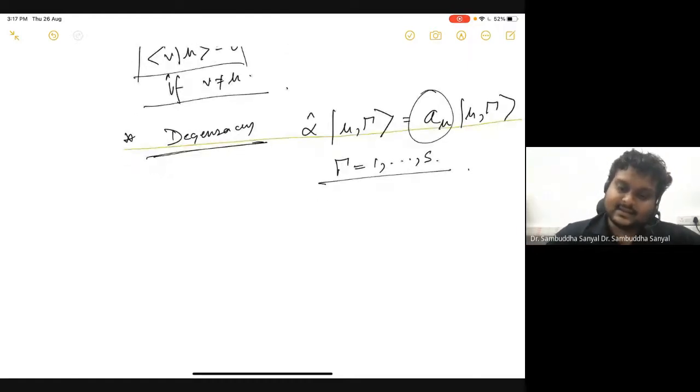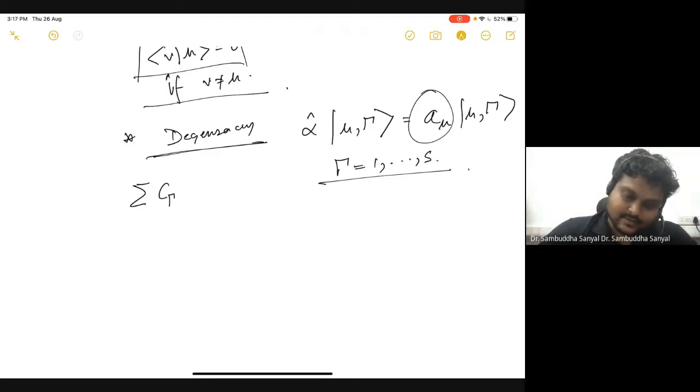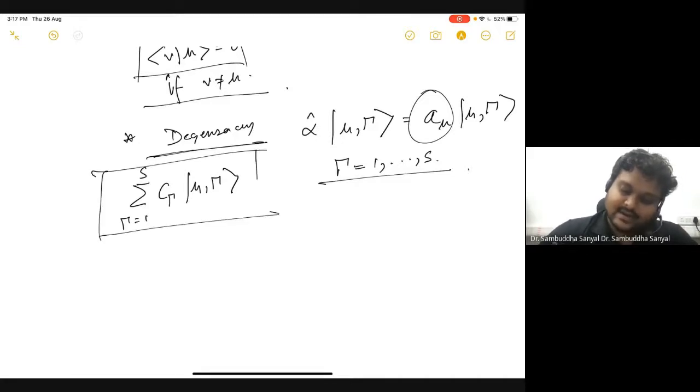Now the interesting statement comes: if that is true, then this must also be true. Any linear combination of these alpha_gamma, these guys, is also an eigenvector.